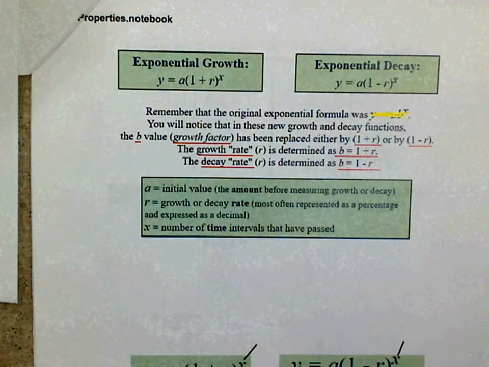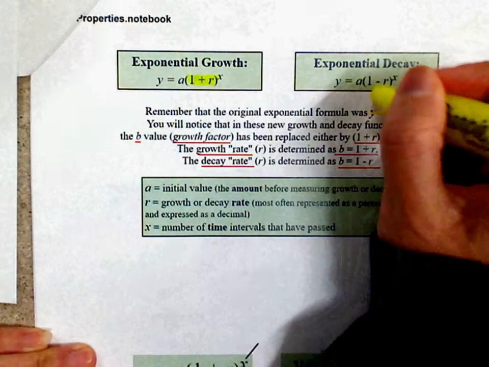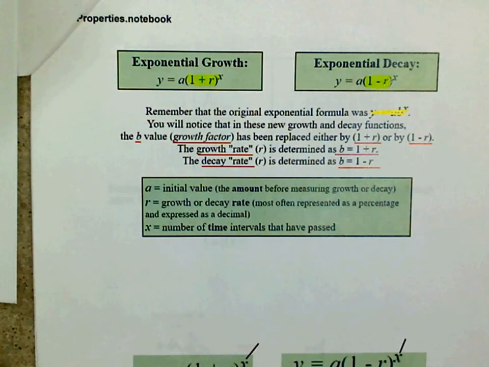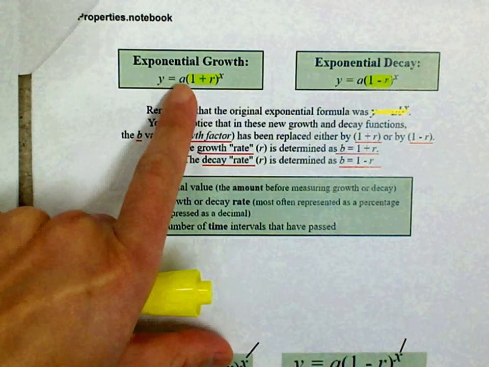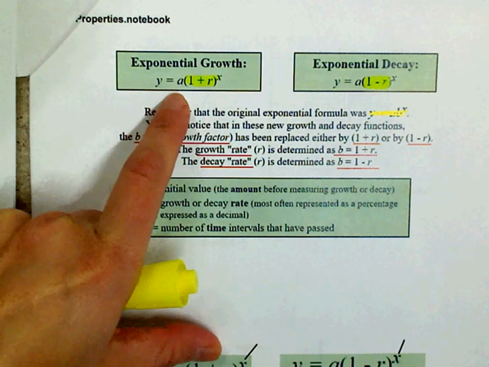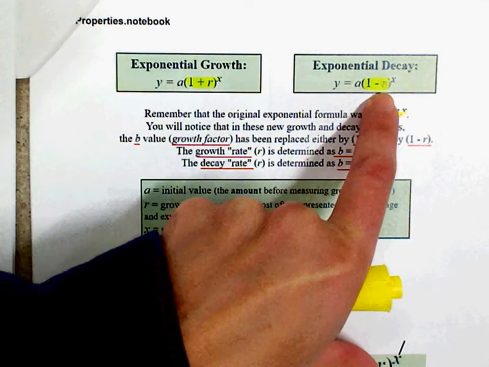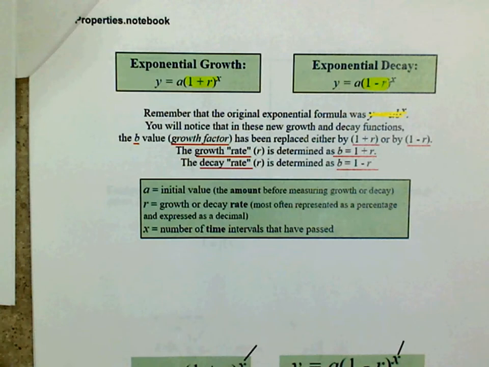Notice there's a plus. This is a growth. That's the difference in the two. And this here is a minus. Exponential growth is 1 plus r raised to the x. The a was that 1 I was telling you about if it's not written. And here it's a 1 minus. That's what makes it an exponential decay.